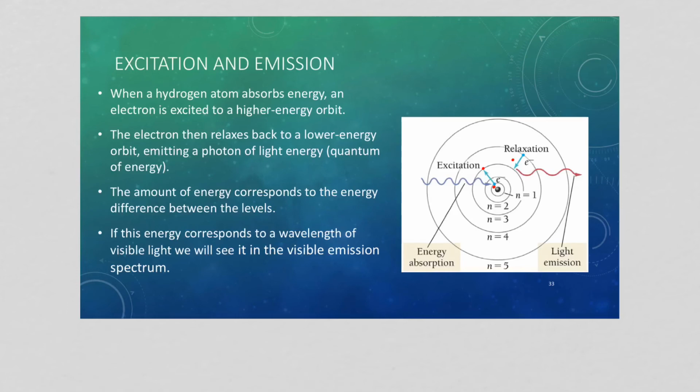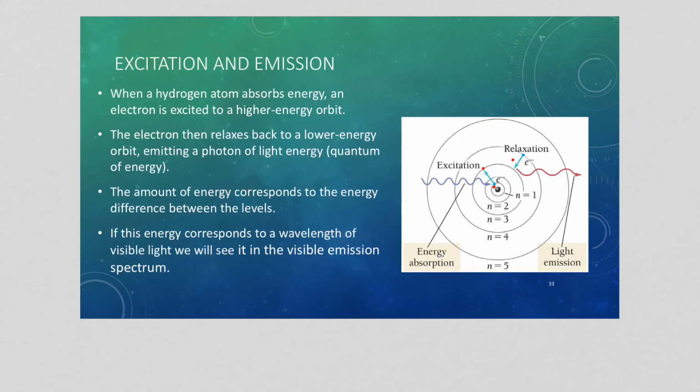And since there are only certain energies represented by the spaces between the levels, then only a limited number of energies of light can be given off, and therefore only a limited number of wavelengths of light. And so hence we only observe a certain number of wavelengths of light, not every wavelength.